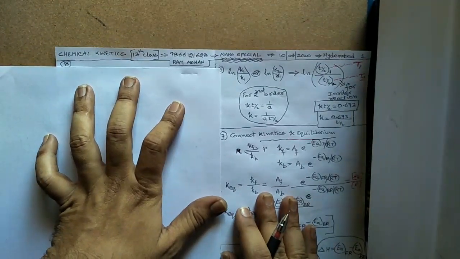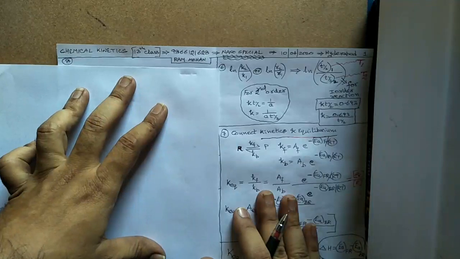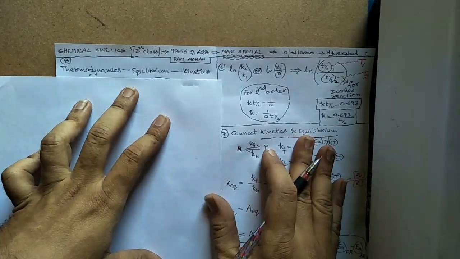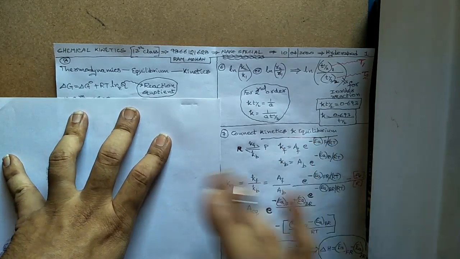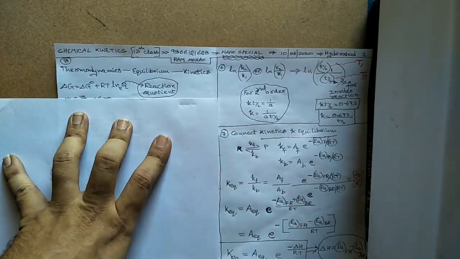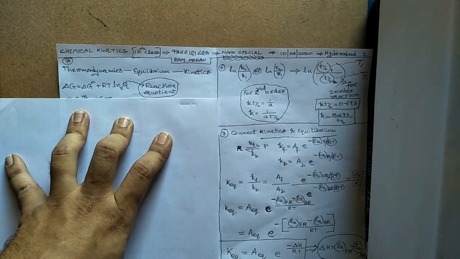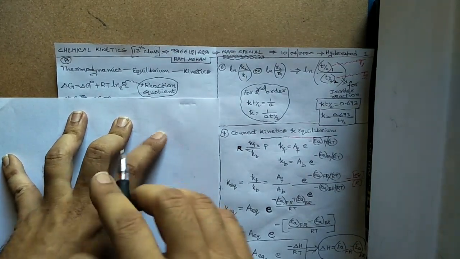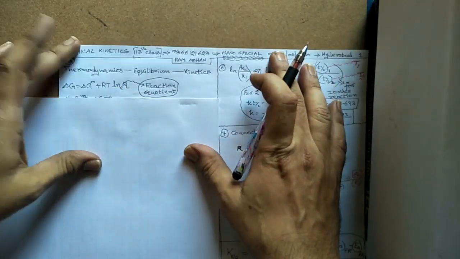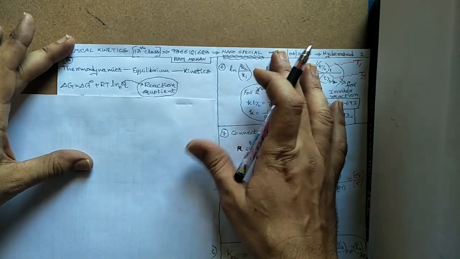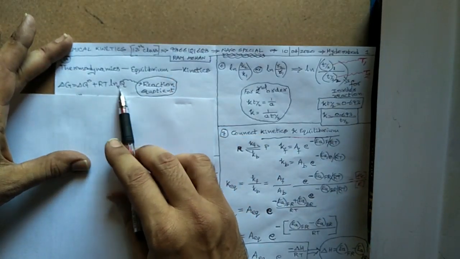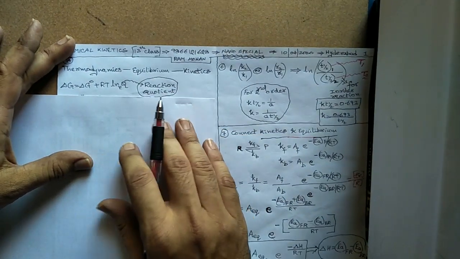And then let's talk about connecting this equilibrium data with thermodynamic data. How? It's as follows. We know one thermodynamic equation, delta G is equal to delta G naught plus RT ln Q, where Q was reaction quotient.